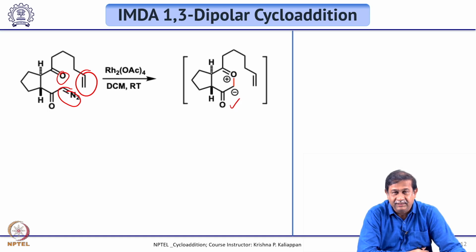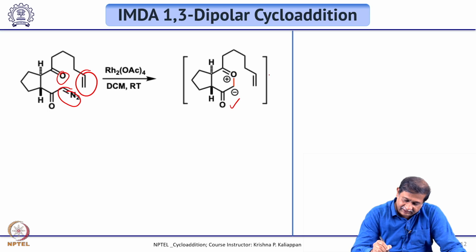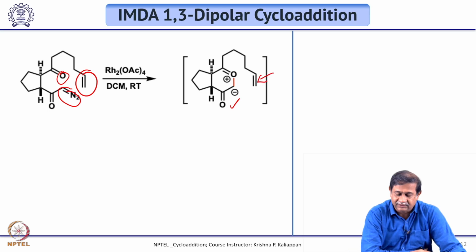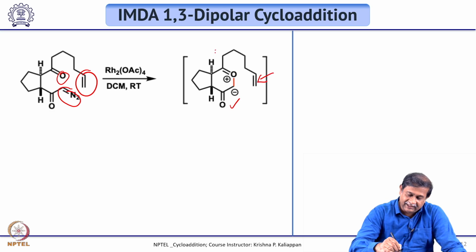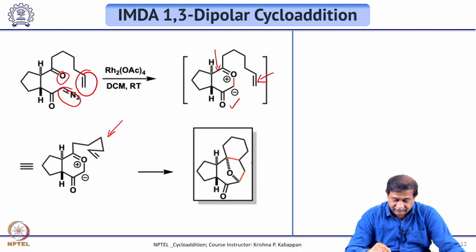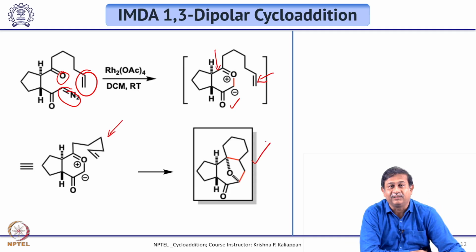Once the carbonyl ylide is generated, this can undergo 1,3-dipolar cycloaddition with the double bond which is already attached at this carbon. So, that will adopt the chair-like conformation, and that will lead to this interesting tetracyclic compound.